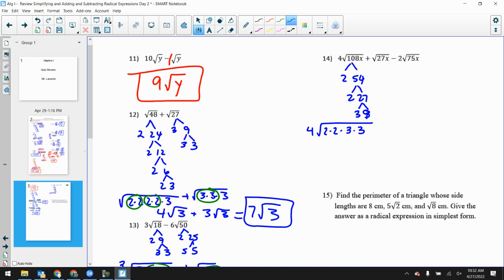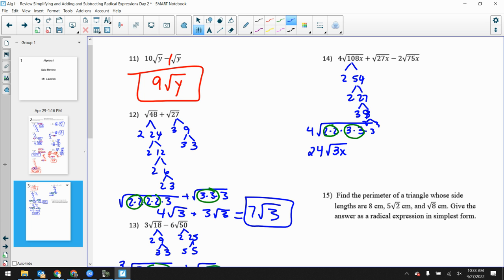Oh, 3 and 9. Whoops. And then 3 and 3. There we go. One more 3s. That's a lot of 3s. Buddy up. 6 total coming out with a 4 already out there. That's a 24. Radical 3. And don't forget the x that's still in there.